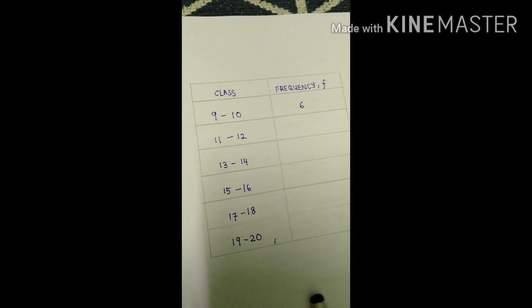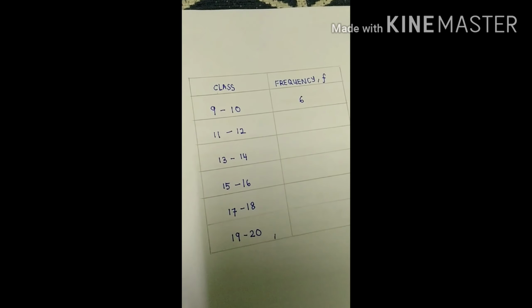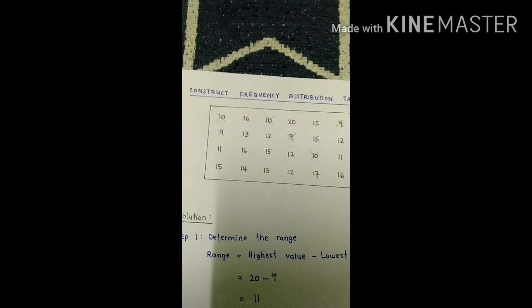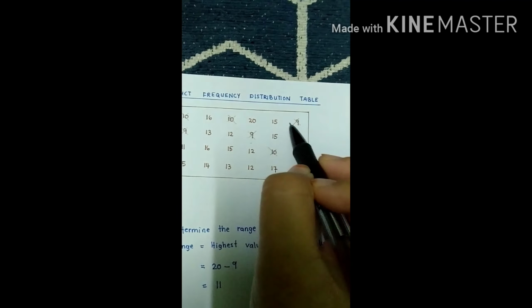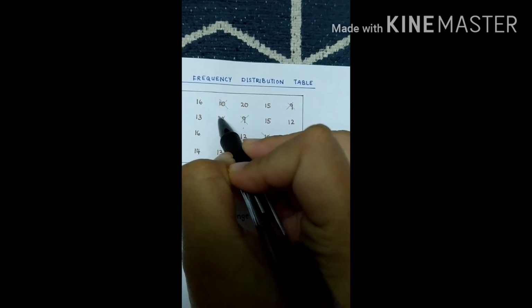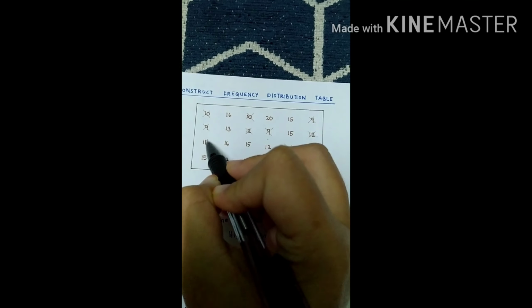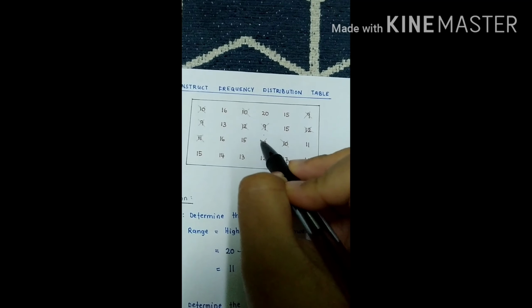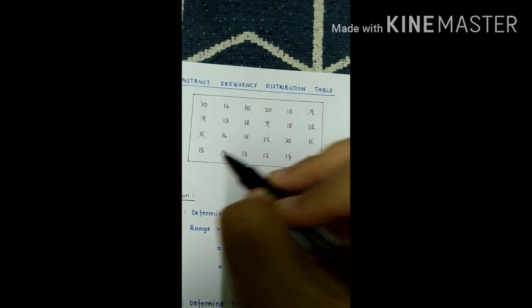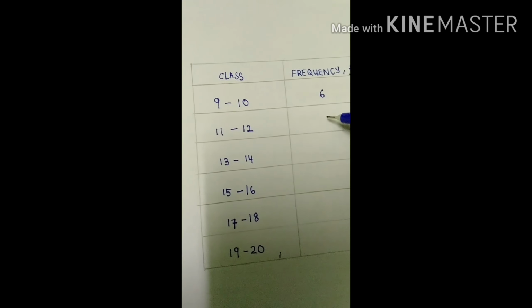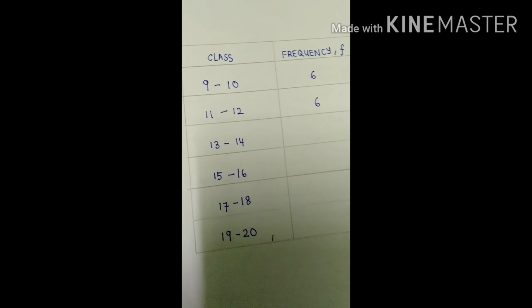We repeat the same process for the second class, 11 to 12. For 11 to 12 we have 1, 2, 3, 4, 5 and 6, so 11 to 12 is also 6.